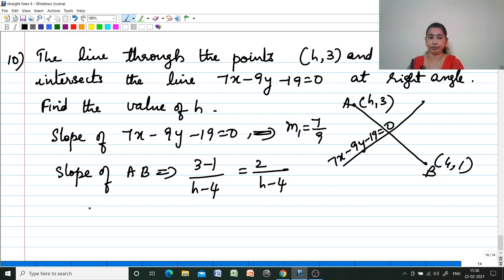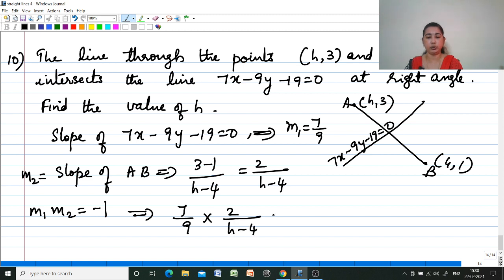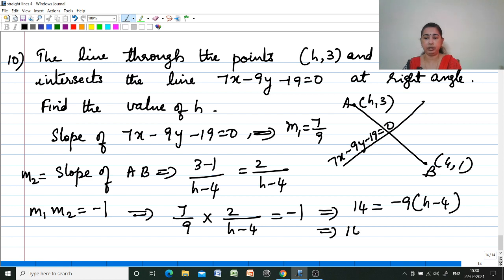We can compare that the product of the slopes will be minus 1 if they are perpendicular to each other. So this is m2, m1 into m2 is equal to minus 1, that is 7 by 9 into 2 by h minus 4 is equal to minus 1, that is 14 is equal to minus 9 into h minus 4, or 14 is equal to minus 9h plus 36, or the value of h is equal to 22 by 9.